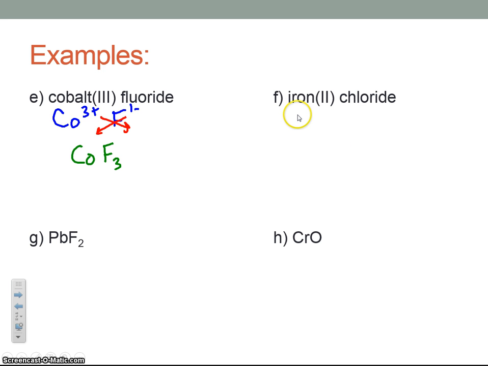And what you should have here is, again, this is iron 2. So the charge of iron 2 is plus 2. And chlorine, minus 1. If I look at the periodic table, when those two flip spots, I'm left with FeCl2.